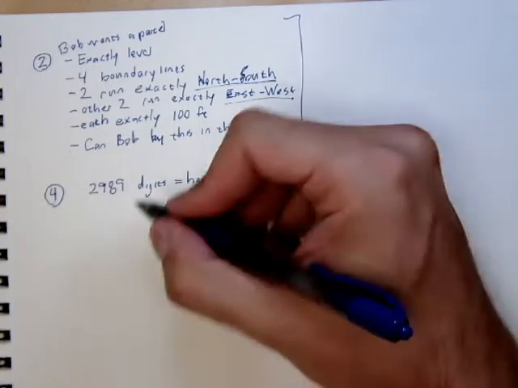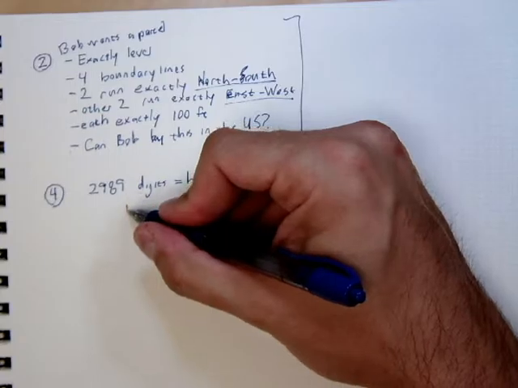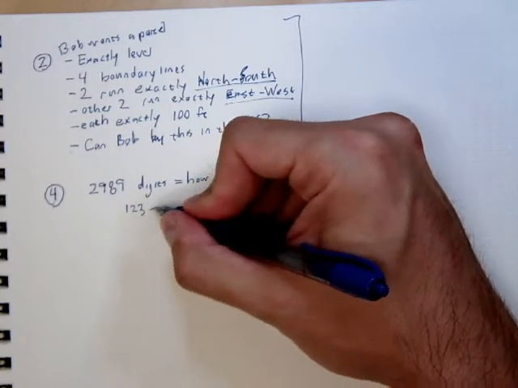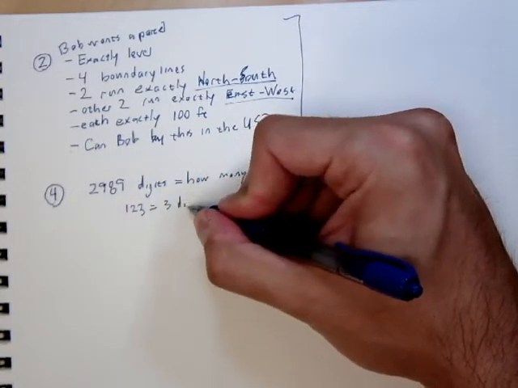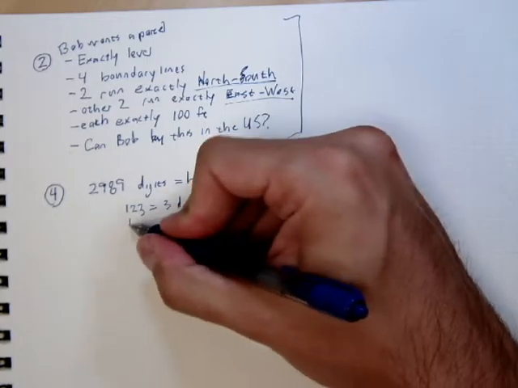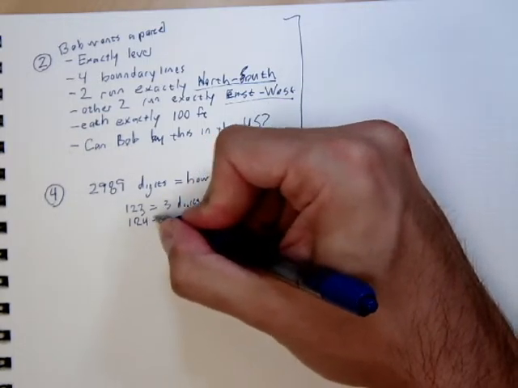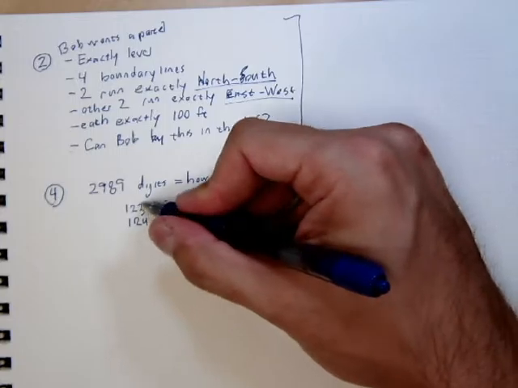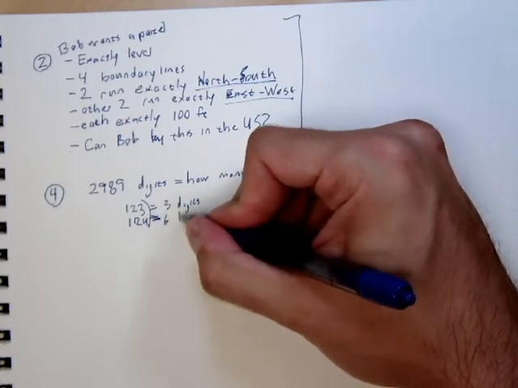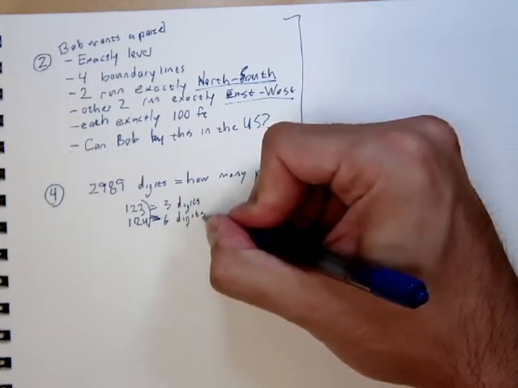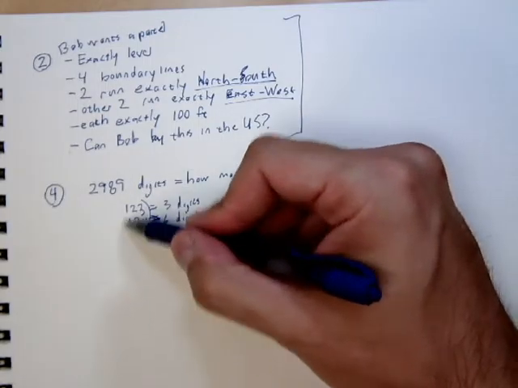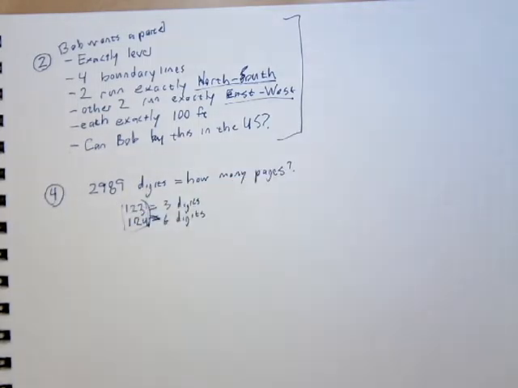And I think the idea is the number 123 equals 3 digits. And if the next one is 124, that means you've used a total of 6 digits, if that makes sense. So the total number of times a digit is used.